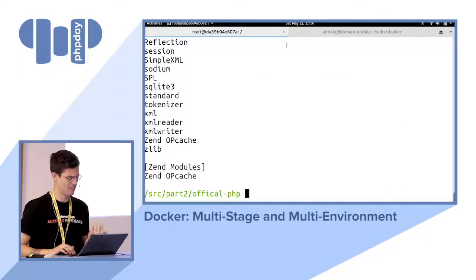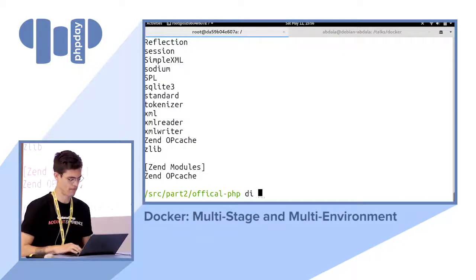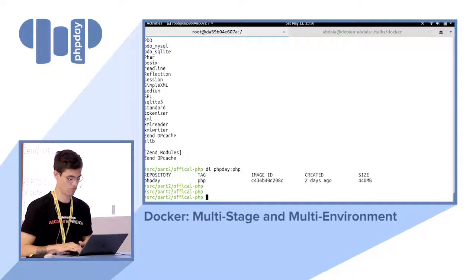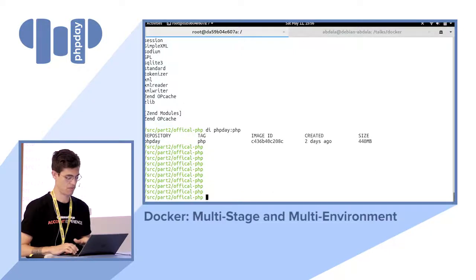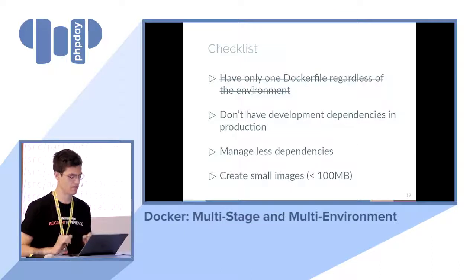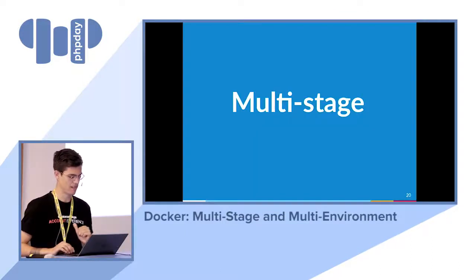And the image is not small at all. So docker images, and php-day-php. It's here, 400 megas. Far from 100, right? So not good. We can do better, I'm sure.